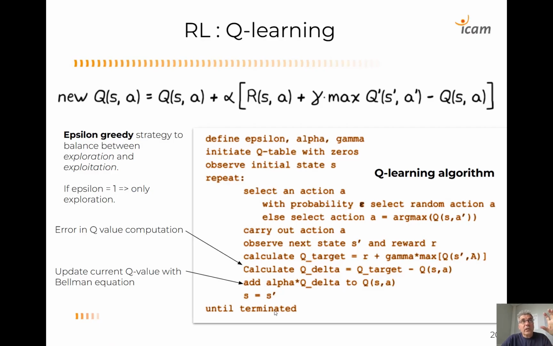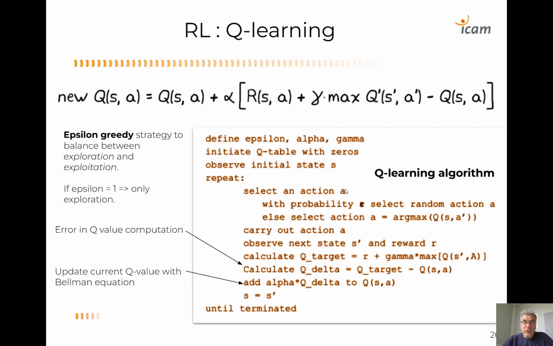For example, we can decide to terminate this algorithm if the update, here is the update part, that's what we will add or subtract to the current Q value to compute the next Q value, is lower than a certain threshold.